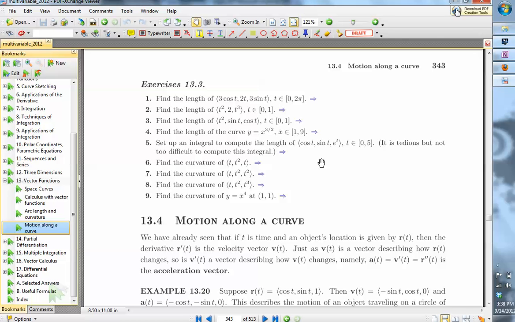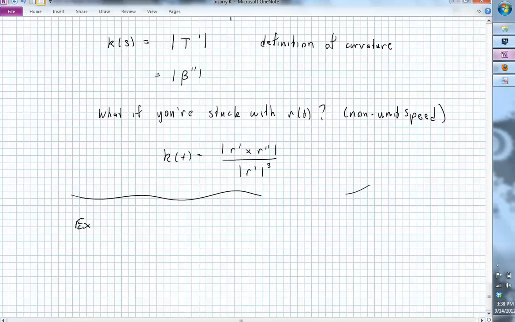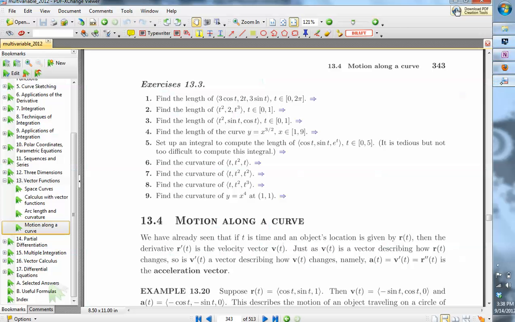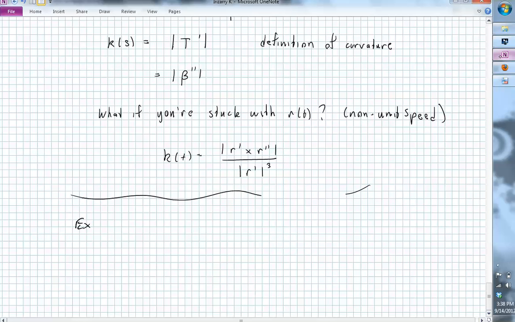So I'm just going to assume that t, t squared, t is not unit speed. I'm pretty sure that's the case. In fact, we could probably verify that along the way. So this is 13.3, number 6.